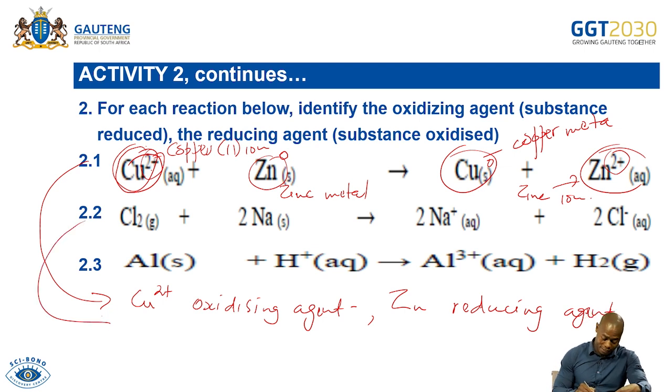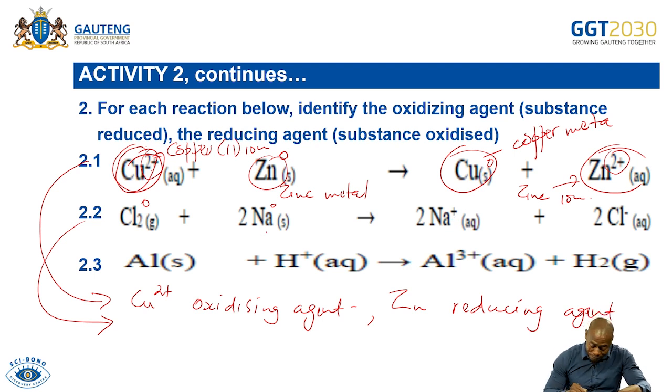Let's move to the second one. Chlorine gas, its oxidation number would be 0. We have talked about the rules, and by now you should understand why it is 0. Sodium also is going to be 0 on this side. But look at the side of the products, it is plus 1.